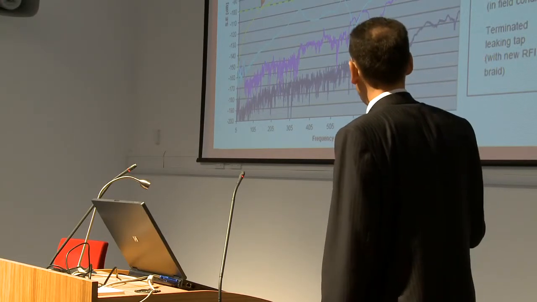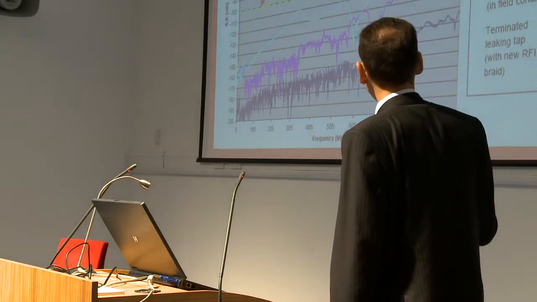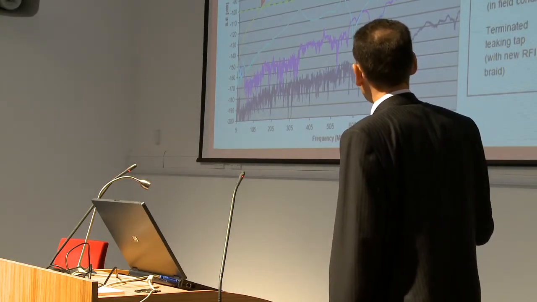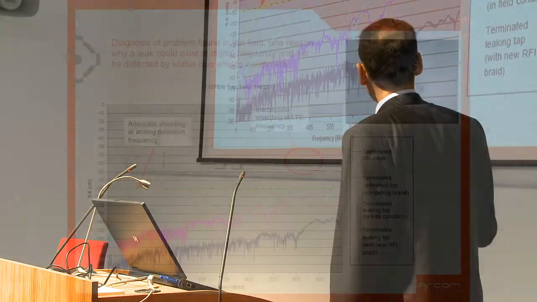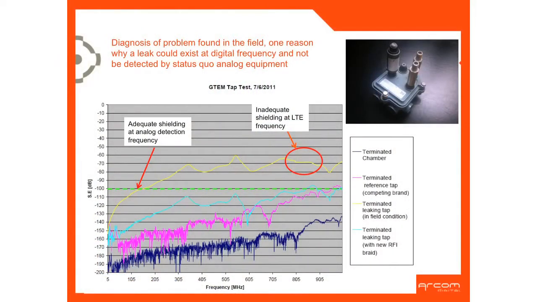Later, in the lab, we decided to test this device. We put it into a QAM chamber, and here are the results we get. This is the terminated chamber itself. There is a reference tap, terminated, violet plot. It's still within shielding requirements.